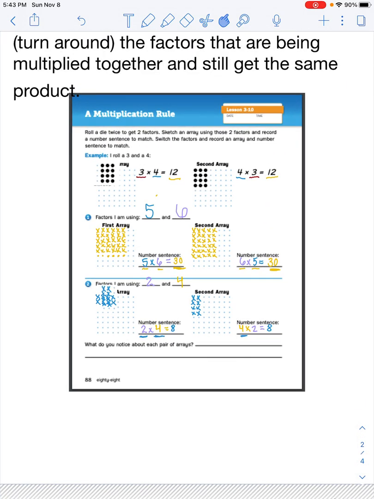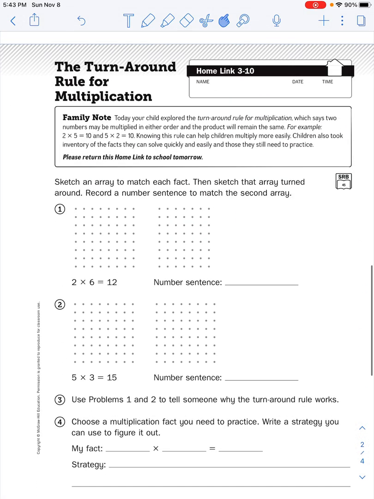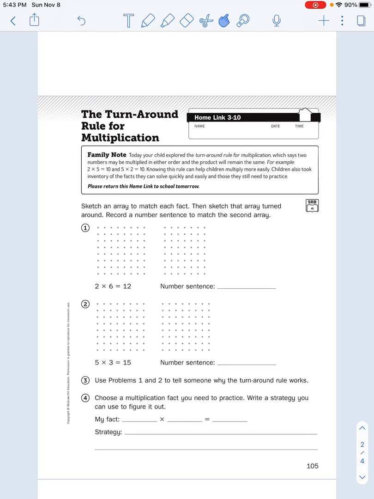All right, so today for your practice page, they already give you the sentences that you're going to use on the first 2. So here's your first number sentence, and then you have to do the turnaround rule with this number sentence that they gave you.